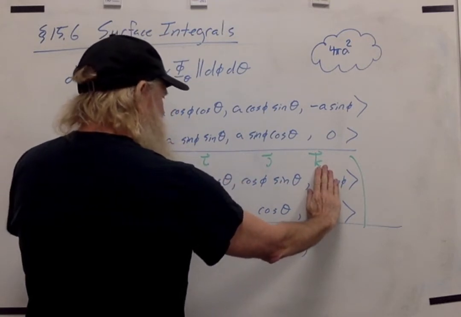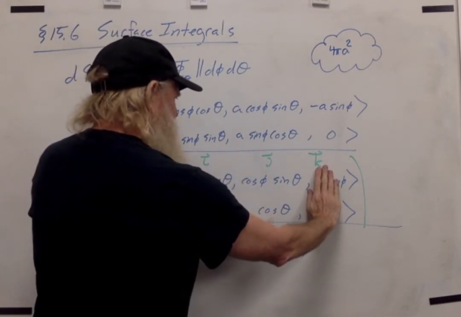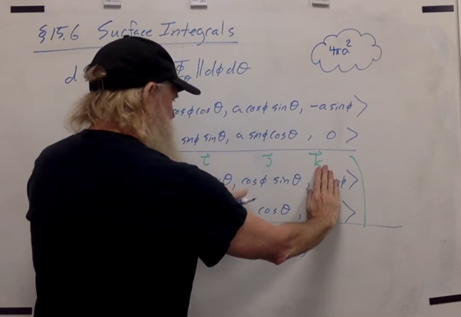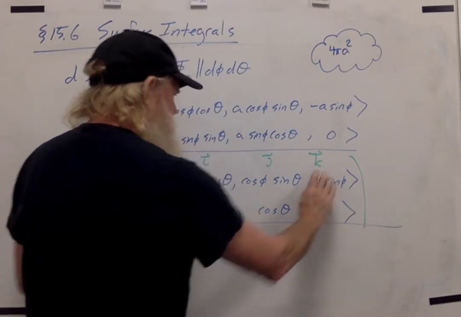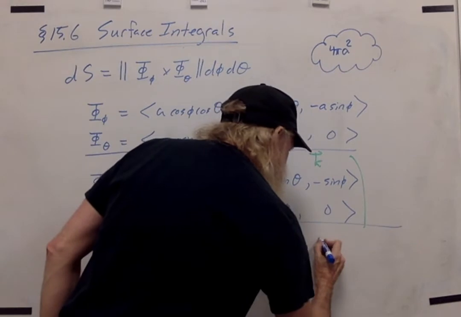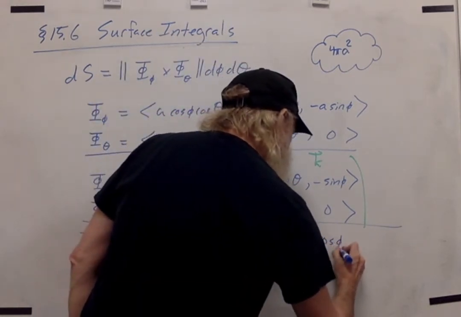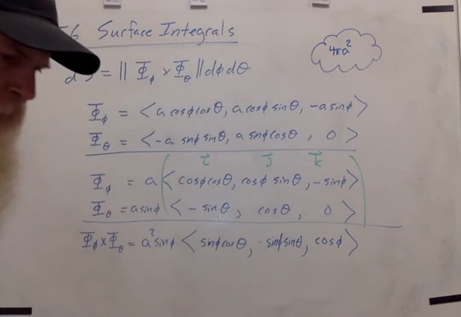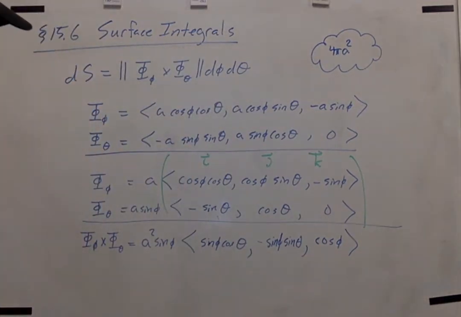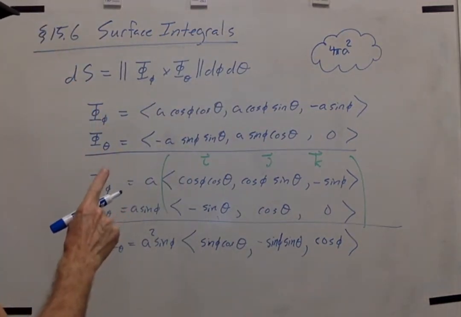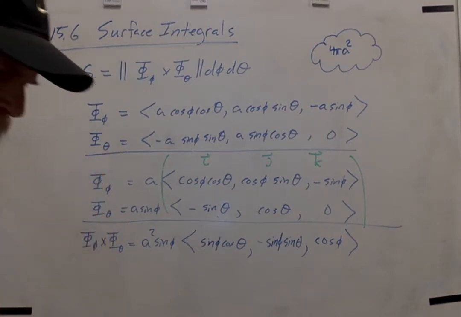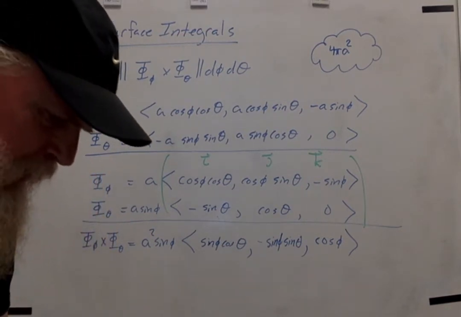So that's cosine phi cosine squared theta minus a negative, so plus cosine phi sine squared theta. Since sine squared plus cosine squared is 1, that just gives me a cosine phi in the middle. Now let's check that sign in the middle. It's feeling a little off to me.